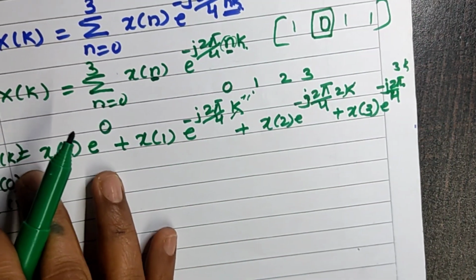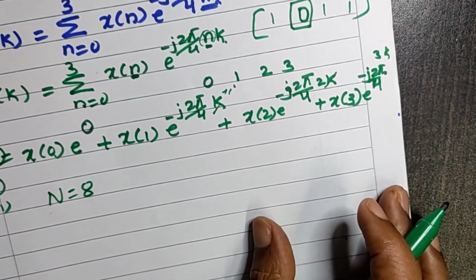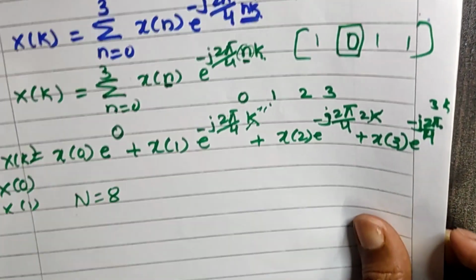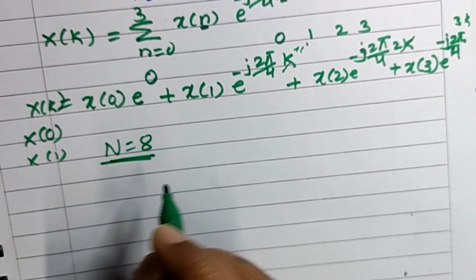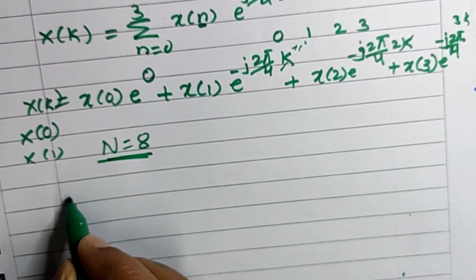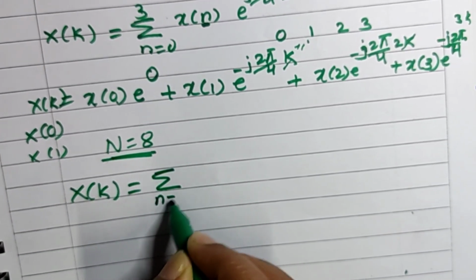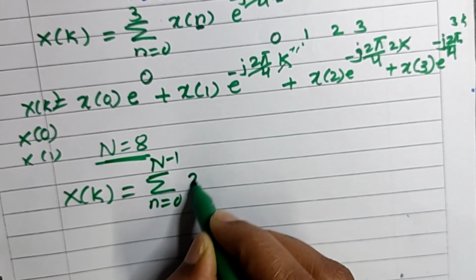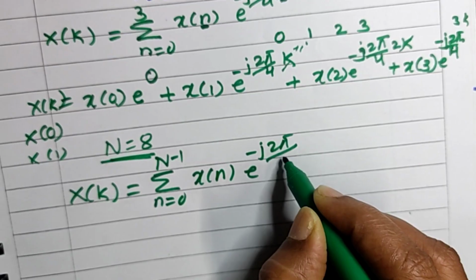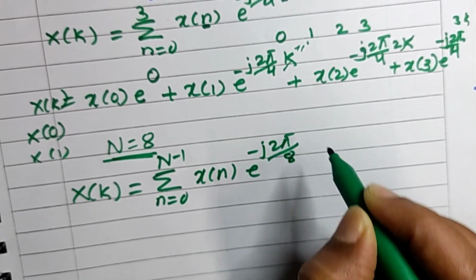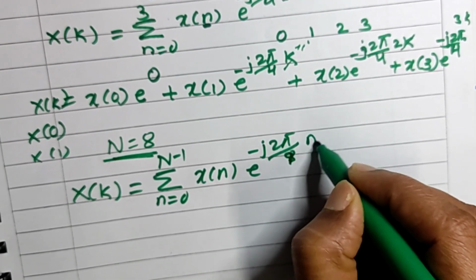And another one is if N is equal to 8. Then what we have to do is use the same formula, that is X of k, which is equal to summation of n is equal to 0 to N minus 1, x of n into e raised to minus j 2 pi by N. Therefore N is 8, so 2 pi by 8 into n into k.